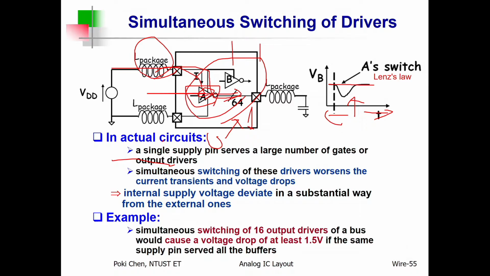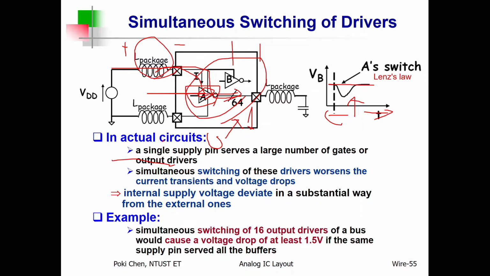So it will try its very best to stop such fast current change. Nothing is free. If inductor would like to stop such current changing, it needs to pay the price for voltage variation. It will cause huge voltage variation as the price to stop fast current variation.